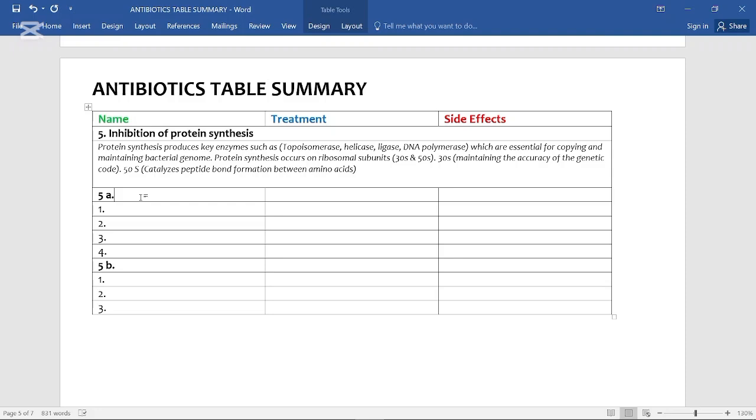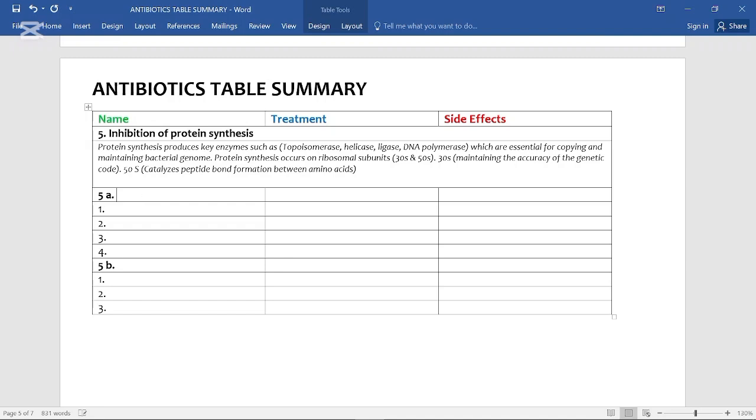So that being said, we're going to look at the two major classifications, or the broad aspects, of these drugs. We're going to look at the ones that inhibit the 50S ribosomal subunit, and lastly, the drugs that work by inhibiting the 30S ribosomal subunit.